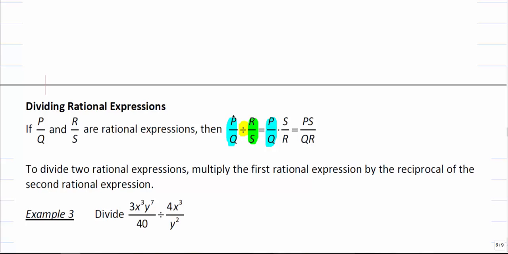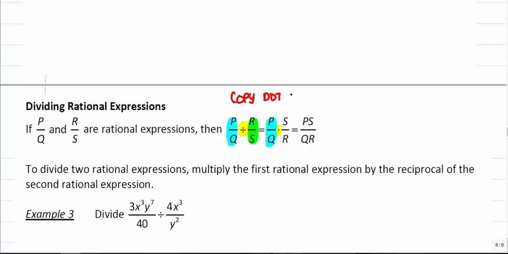So you are going to take that first fraction and copy it down. And then you are going to take the division symbol and change it to multiplication. And then you are going to take that second fraction and flip it.